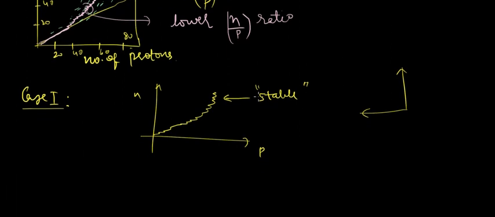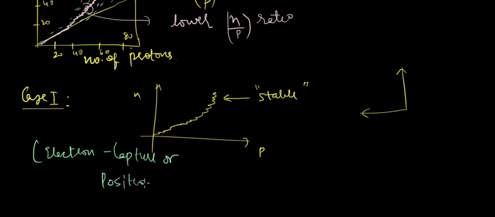So we are discussing case 1, when electron capture or positron emission takes place. When it takes place, we generally have a lower n by p ratio.